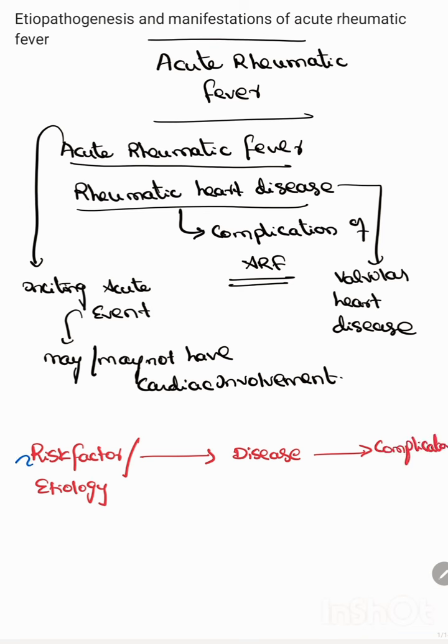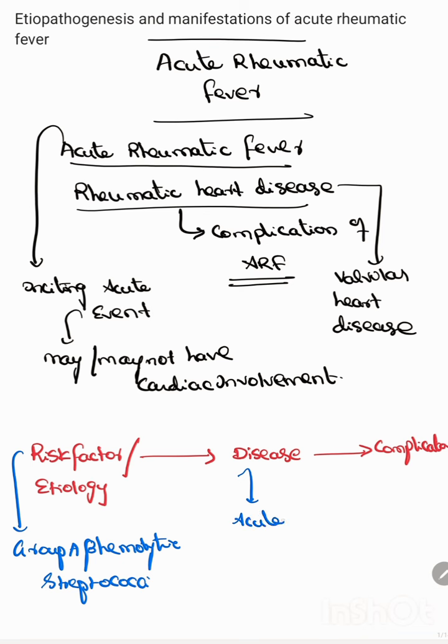In our disease, the risk factor or the etiology is going to be the group A beta hemolytic streptococci, the disease is acute rheumatic fever, and the complication is an established valvular heart disease, which is rheumatic heart disease.